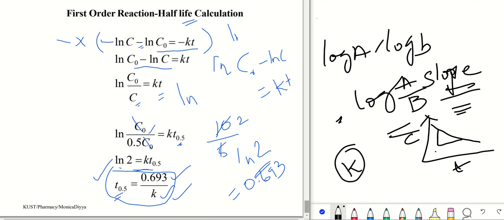Similarly, we need to calculate it for the second order reaction. Just like the zero order reaction, from the rate law, how we have determined half-life, and from the rate law of the first order reaction, how we have determined the half-life, similarly, from the rate law of the second order reaction, we can determine the half-life.